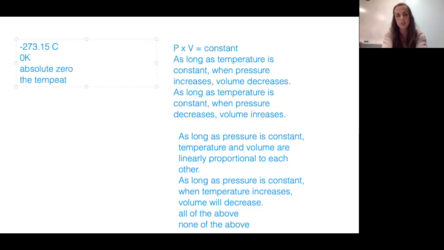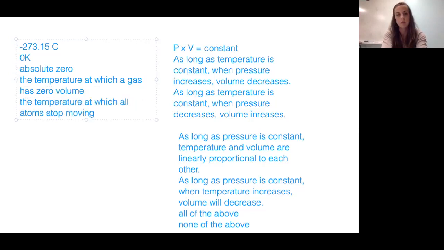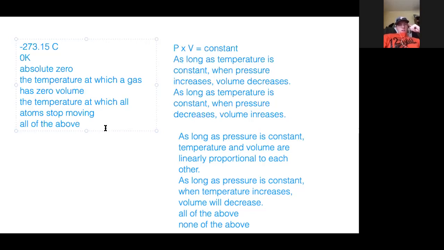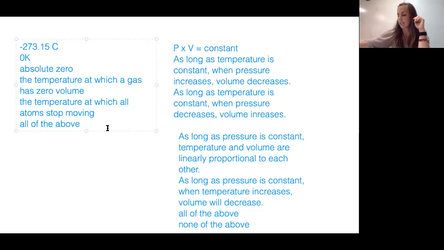The temperature at which a gas has a 0 volume. Or the temperature at which all atoms stop moving. Or all of the above. Isn't it all of the above? Yes, it is all of the above.